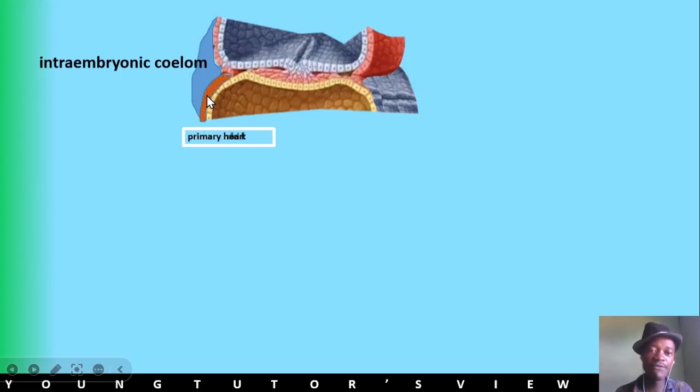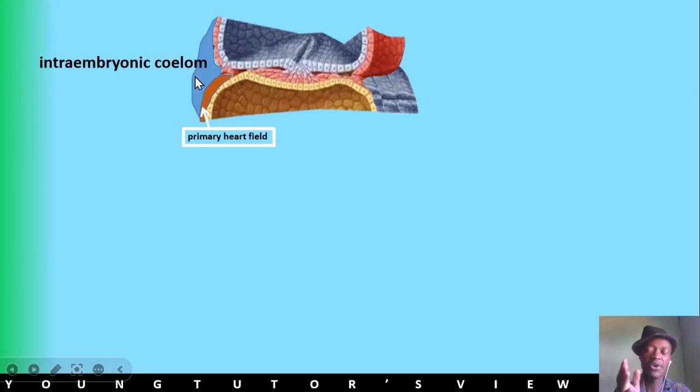This primary heart field and this area are separated by the intraembryonic coelom here, shown this side, and this is the primary heart field here. Very important point here is that the primary heart field is inferior to the intraembryonic coelom, as you can see here.